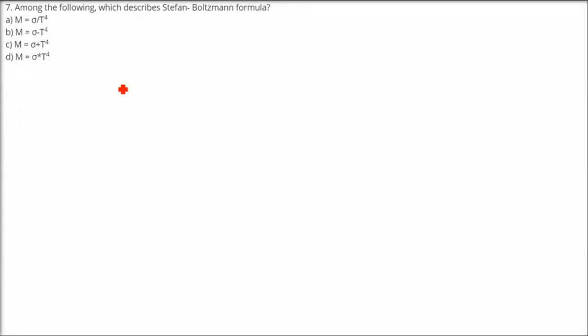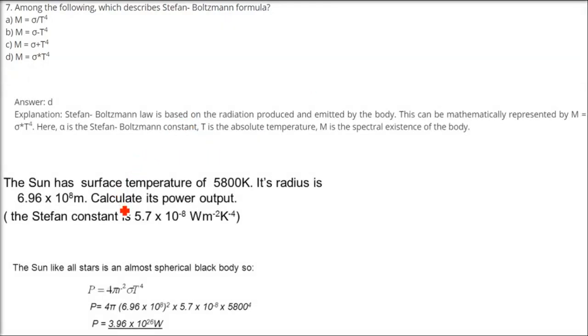Among the following, which describes the Stefan Boltzmann formula? If you see here, I have an example also, just to help you understand. The Stefan Boltzmann law is based on the radiation produced and emitted by a body. That is, a body absorbs and then it emits.